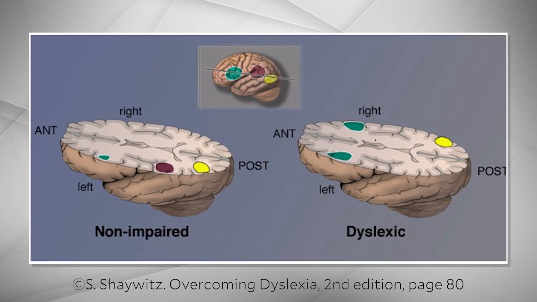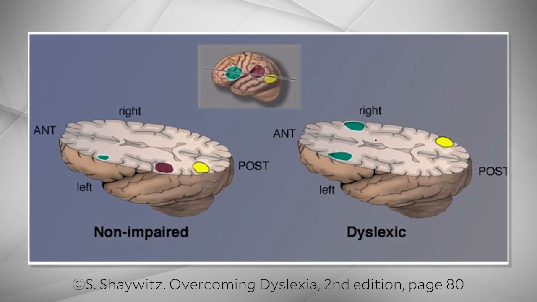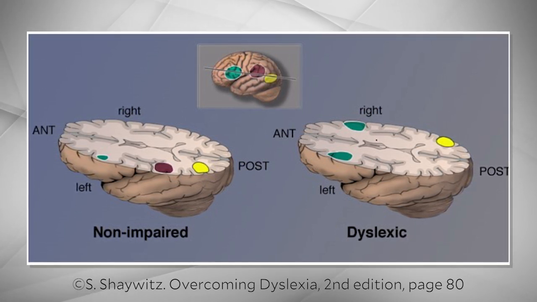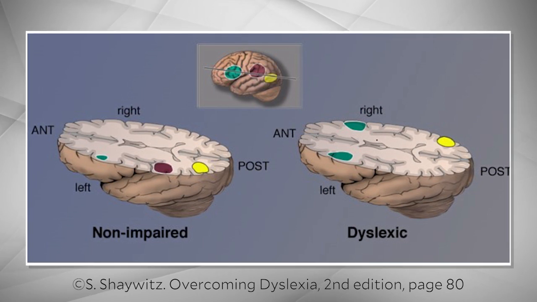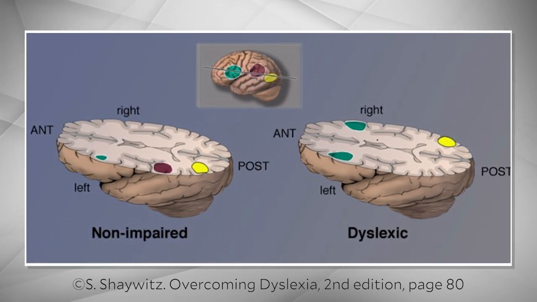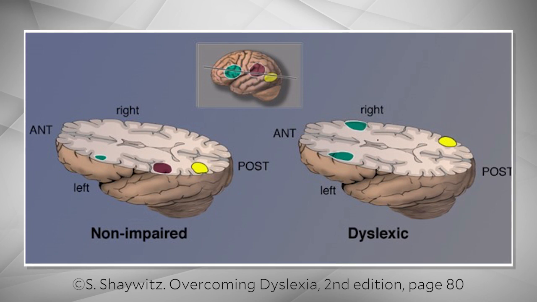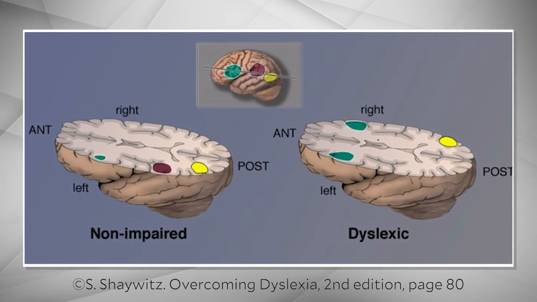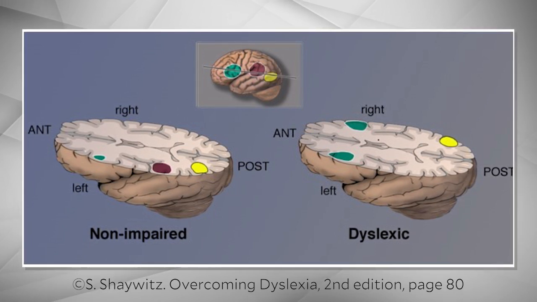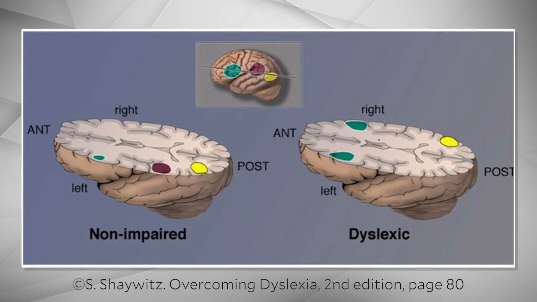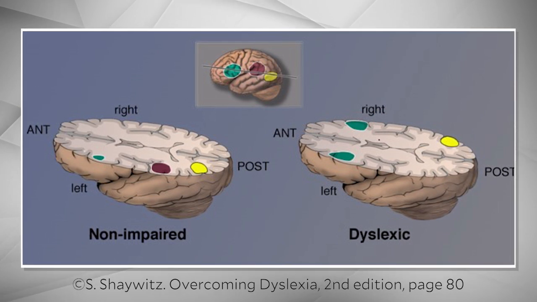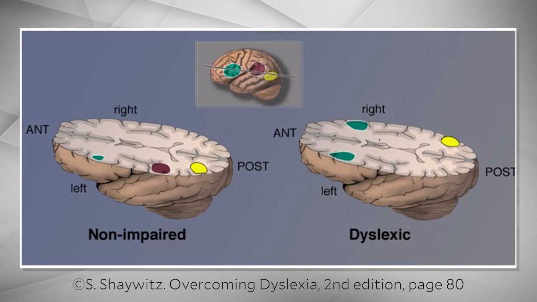So that individual has to rely on ancillary systems. You see in the dyslexic brain, in the front of the brain, there are 2 green areas lit up. And again, on the right side of the back of the brain, posterior right-sided systems. So they're ancillary.